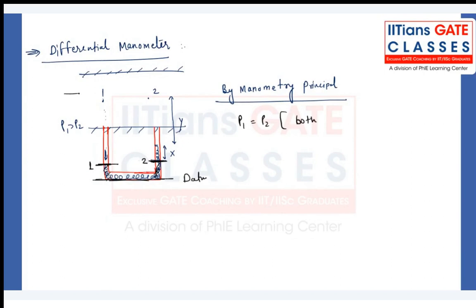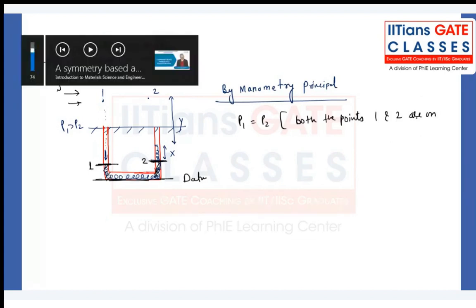Let's say the density of the fluid there is rho. This liquid is rho, with the height that we will take. So both points 1 and 2 are on the same level.